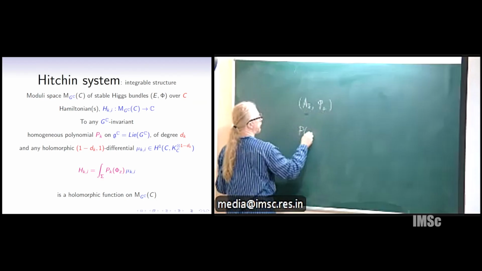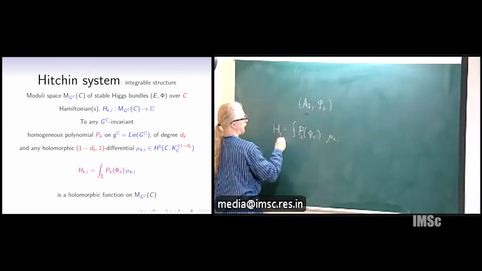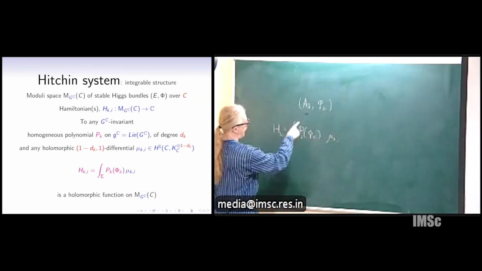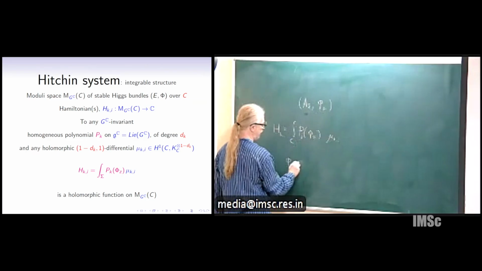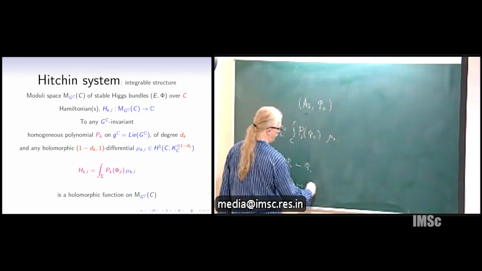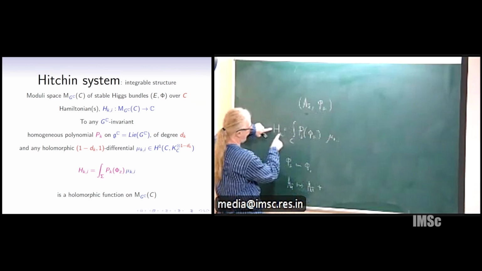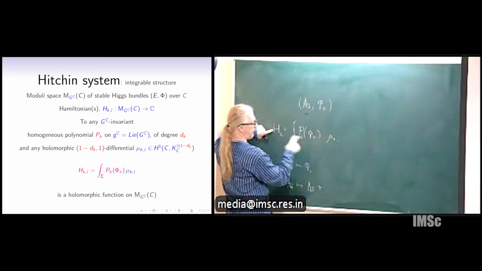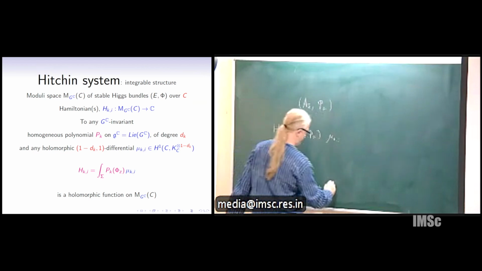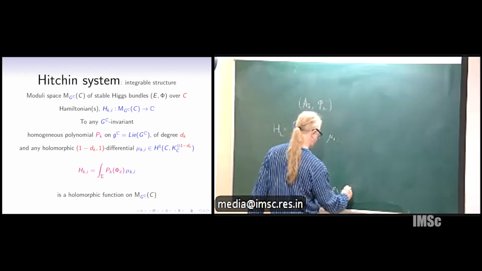If I just take the Hamiltonian, which is some polynomial of phi, what it does is it doesn't change phi at all, and A_z bar. So if I flow some time, let's say time 1, you can absorb time in a normalization of mu. So that would be just the derivative of p.